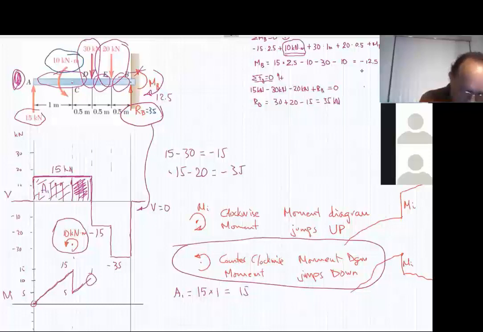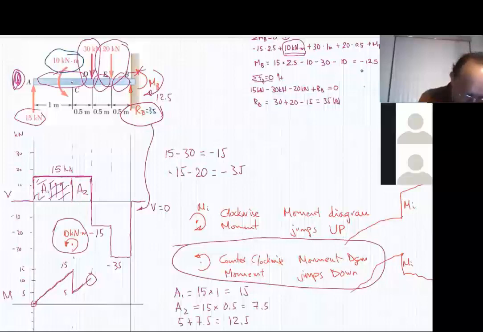Well, it depends on this area that I can call area 2. Area 2 will be 15 times 0.5, so it's 7.5. If I was at 5, now I have to do 5 plus 7.5, so 12.5.